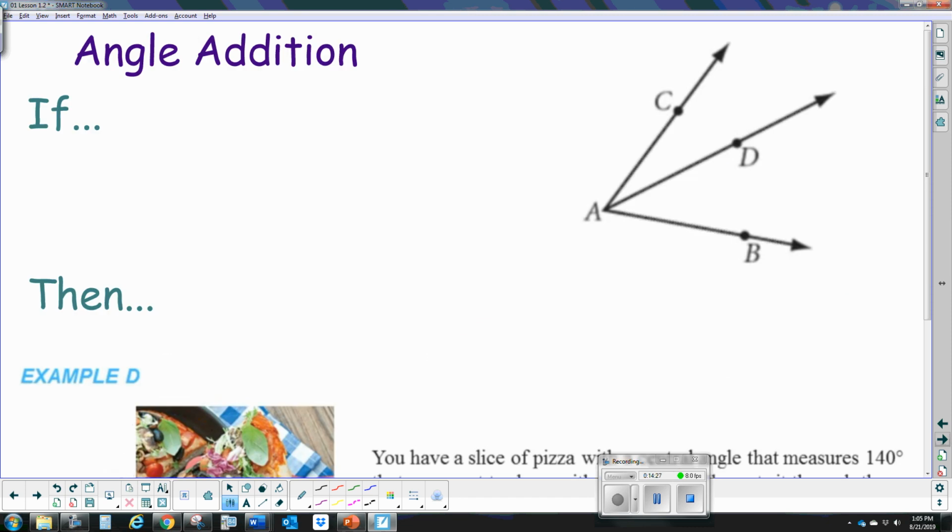And then the last concept in this lesson is angle addition. So here we have an if-then statement.